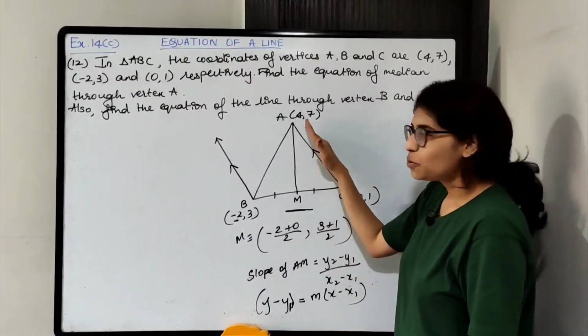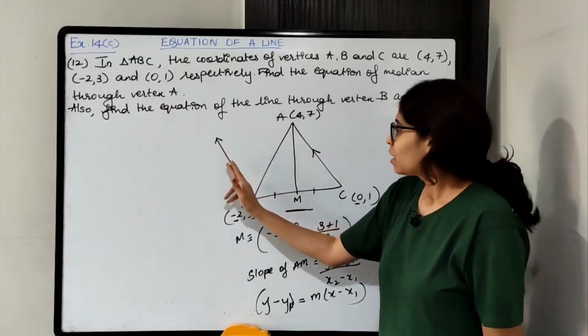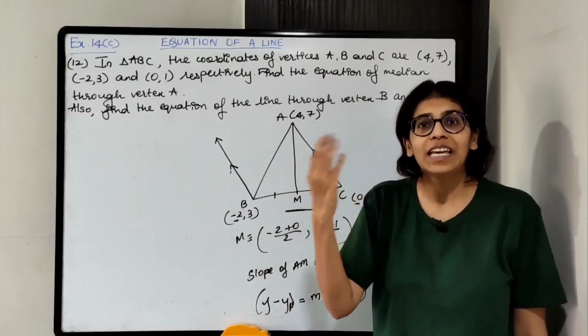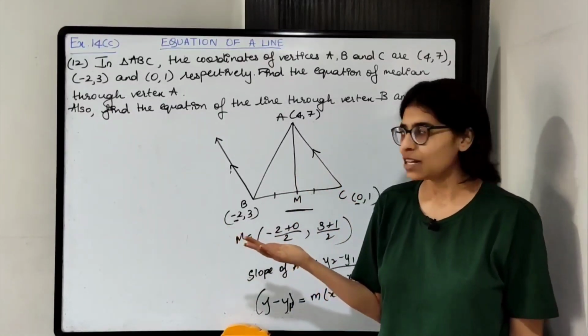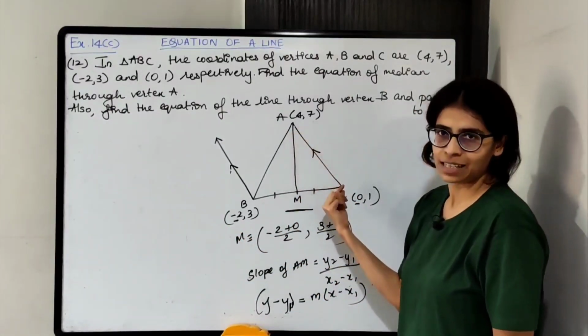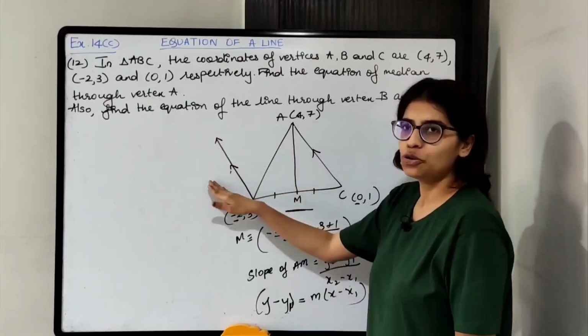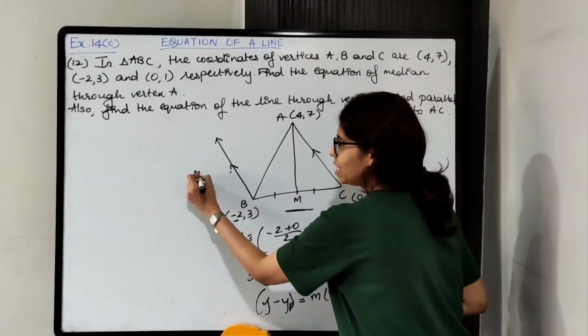Now, if you consider AC and a line parallel to that, दो parallel lines का slope क्या होगा? It will be same, है ना? Slope will be same. So whatever is the slope of AC, same will be the slope of this line which is parallel to AC. So you can easily find out जो भी इसका slope है वो easily मिल जाएगा.